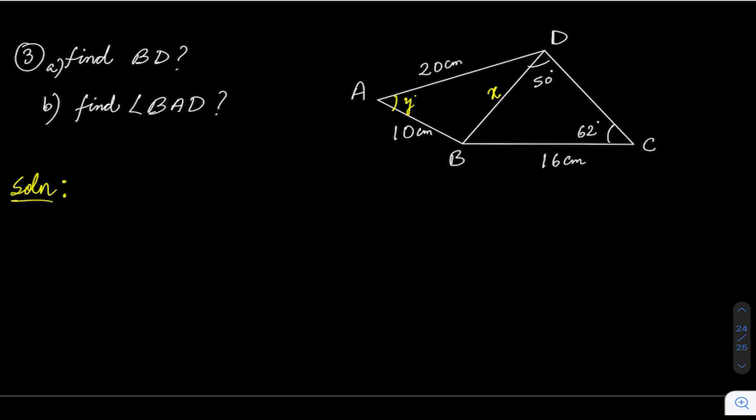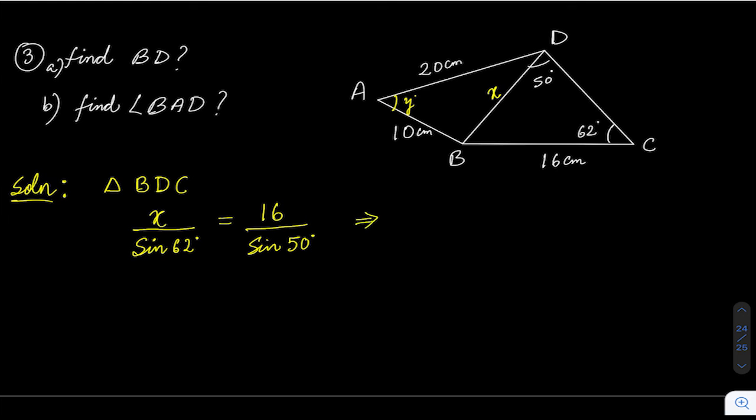Okay, so if we consider triangle BDC first, in this triangle, two angles are there, two sides are there, X and 16. So let's use the sine rule and see whether we can apply that to find X. So side X divided by sine of the opposite angle. What's the opposite angle? 62, equals the other side, 16, divided by sine of the opposite angle. 16's opposite is 50 degrees.